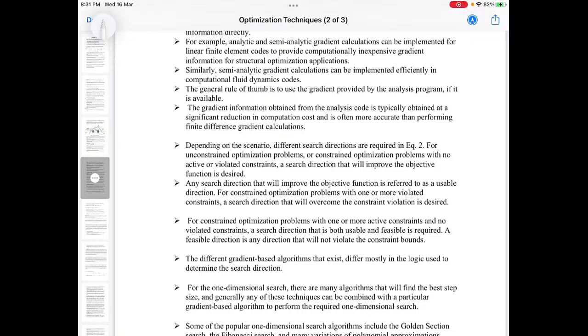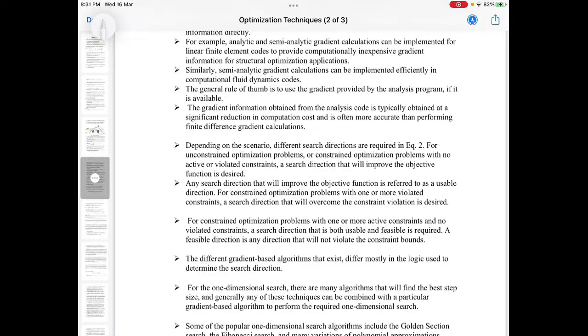And here, in constrained optimization problems with no active or violated constraints... the constrained optimization problems may have active constraints, no active constraints, or violated constraints. It may violate a constraint also.